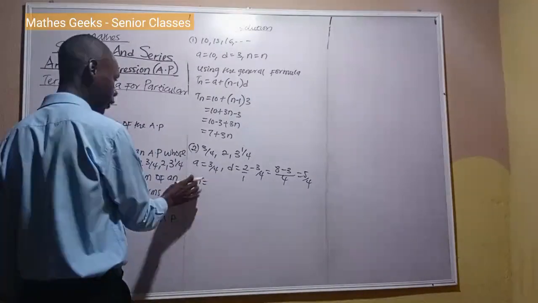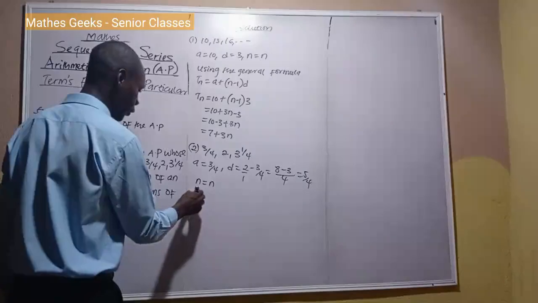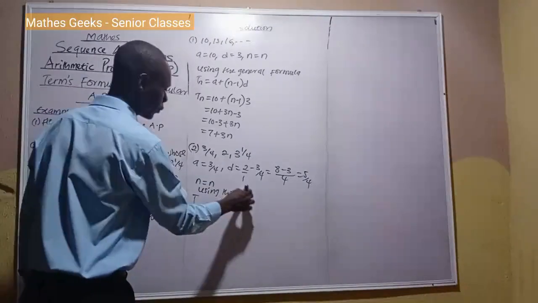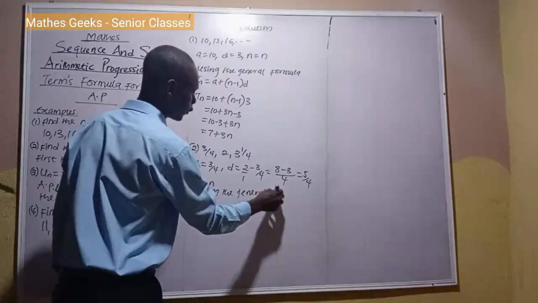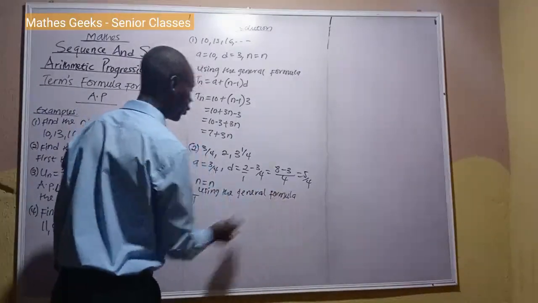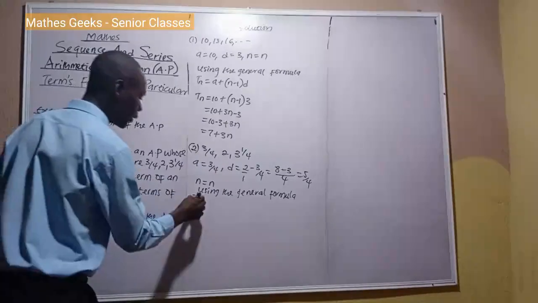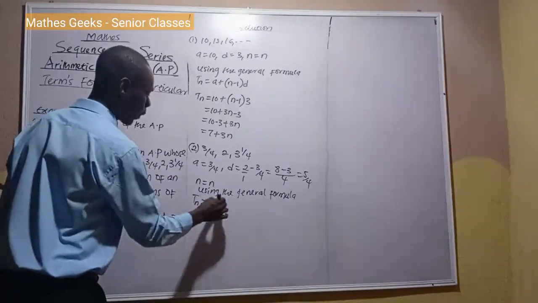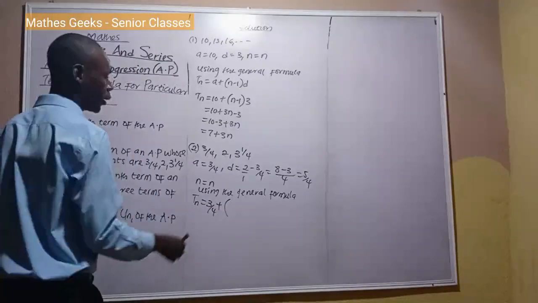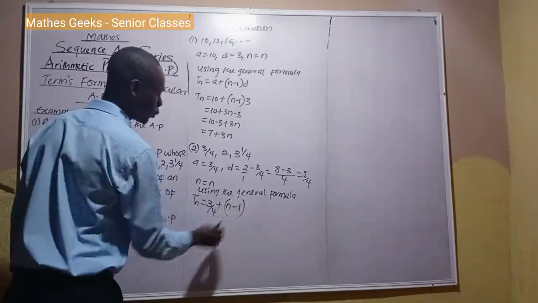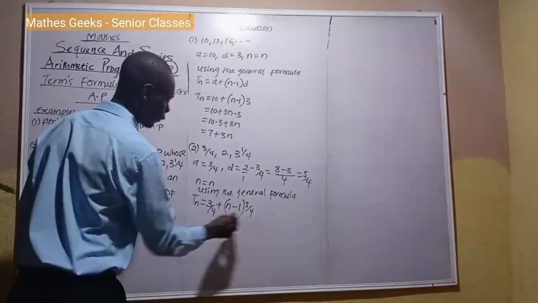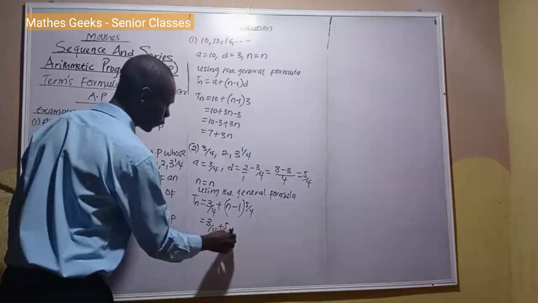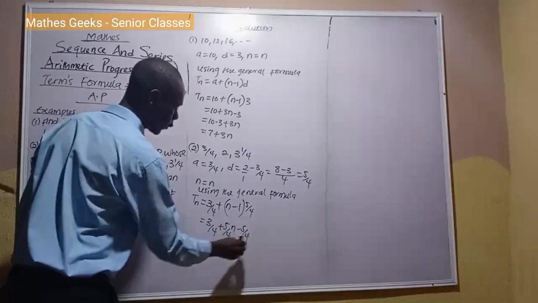What term are we looking for? The nth term. So that's equal to n. So Tn, using the general formula to derive the unique formula for this sequence, Tn is equal to a, which is 3 over 4, plus n minus 1 times the common difference 5 over 4. That's 3 over 4 plus 5 over 4 n minus 5 over 4.